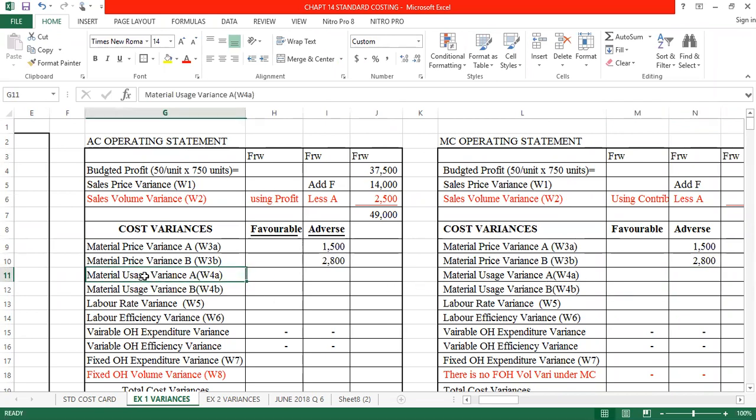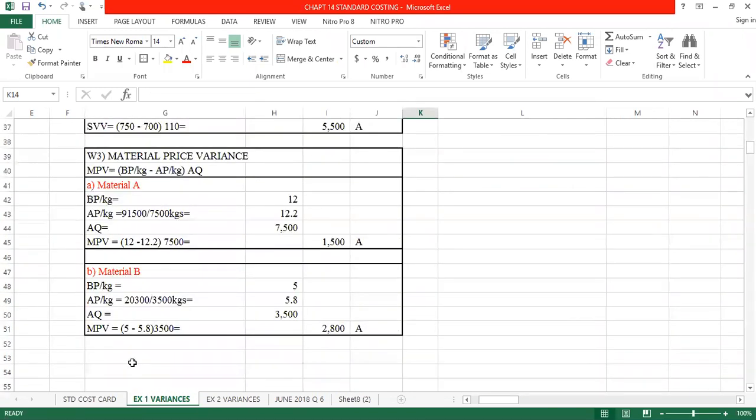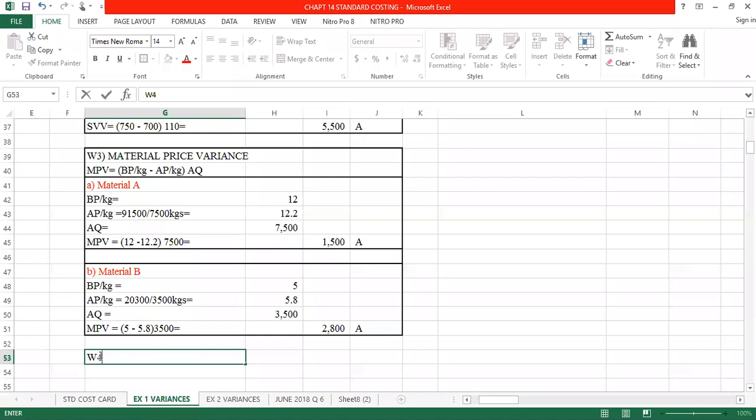So let's go next to material usage, for both A and B. Working for material usage variance.